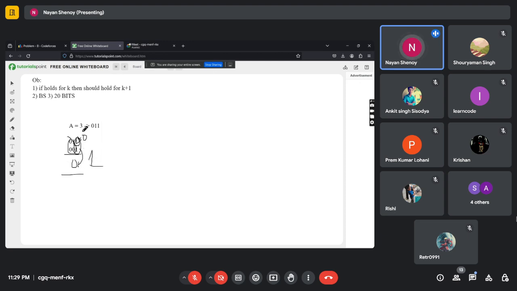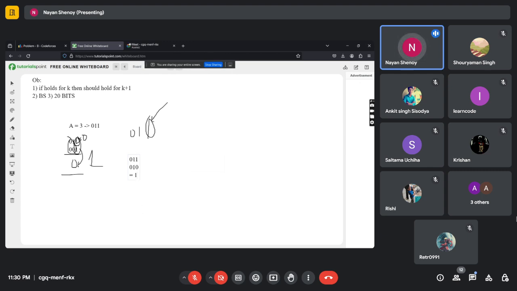So I know in my last position, which is 0, 1, 1, that in my first position I have a 1. Okay, that's fine. So now let's check in the second position as well. Second position also, I'm able to see that 1 and 1 will give me a 1.